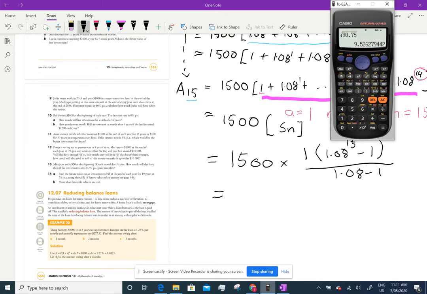And now I just go calculator work, 1500 times bracket, I don't need the 1, 1.08 to the power of 15 minus 1, divided by, I'm going to put this in brackets, 1.08 minus 1.